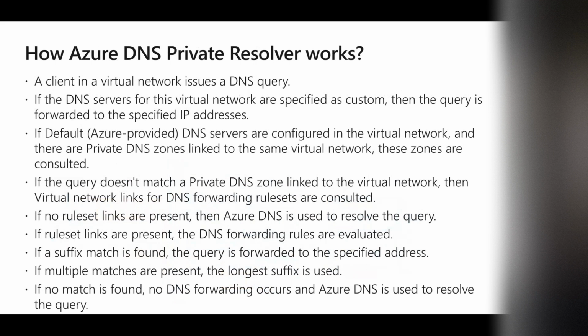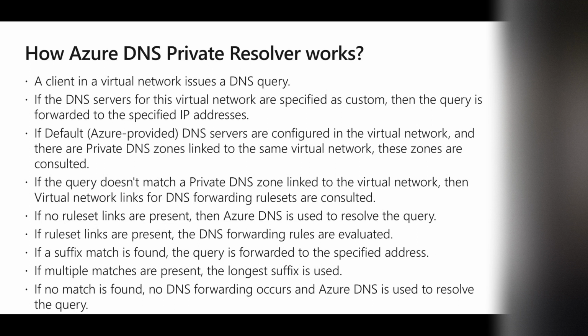And before I jump in further, I have put down all the steps here, how the name resolution will work. As you can see here, once a query arrives into the resolver, if it doesn't match any of the private DNS zones set up, it will see if there's a forwarding rule set up.